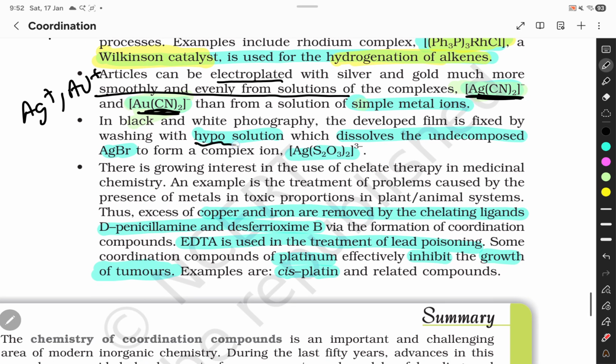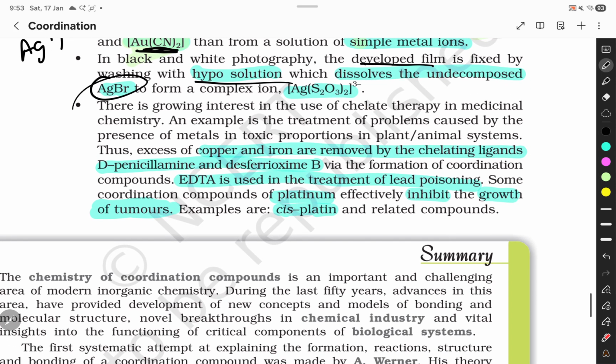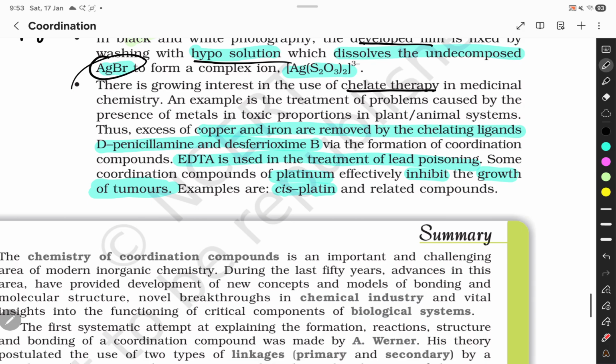Then in black and white photography, the developed film is fixed by washing with hypo solution, which dissolves AgBr into [Ag(S2O3)2]3-. Then chelate therapy we're talking about over here. What does it state? It states that there are toxic metals in plants and animals, correct?